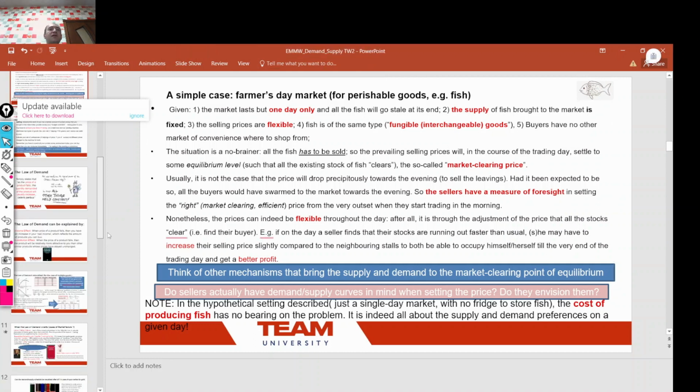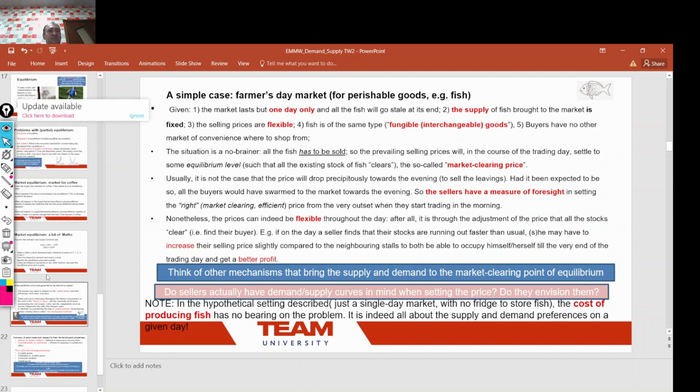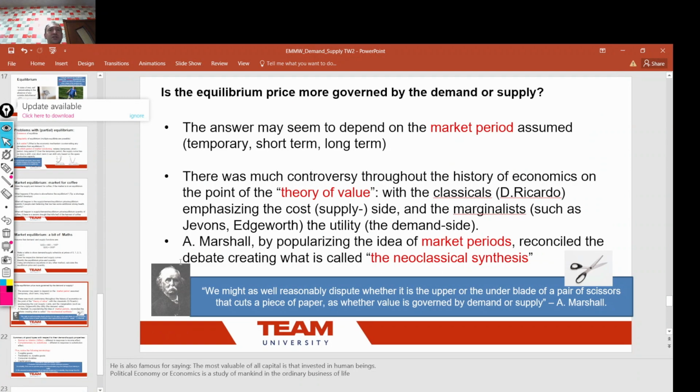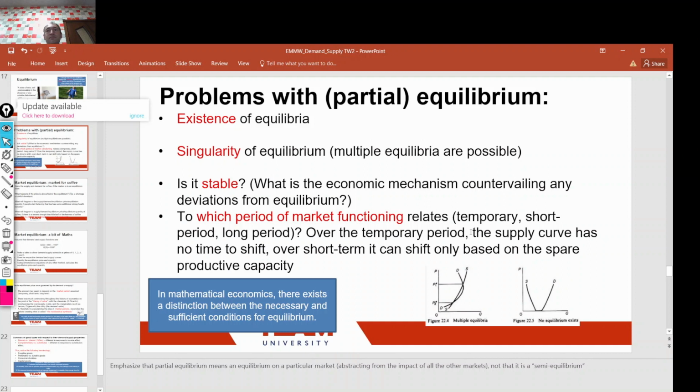So Marshall said that there are periods of market operations. In the short-term period, the supply curve cannot shift. By definition, a short-term period of market operation is when the supply curve doesn't have time to adjust. But the demand curve can still shift. Over the short period, like the next period, the middle period, you can have some shifts in the supply curve, but your productive capacity is limited, so those shifts are limited.